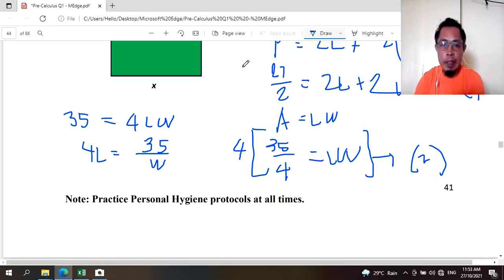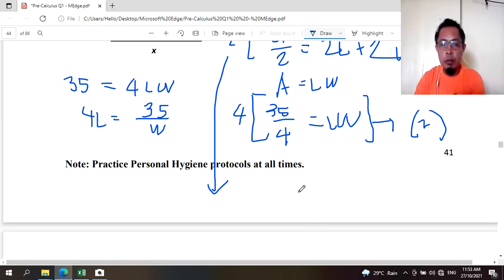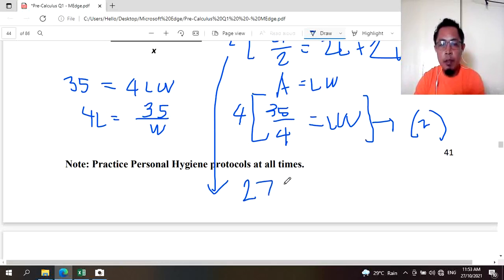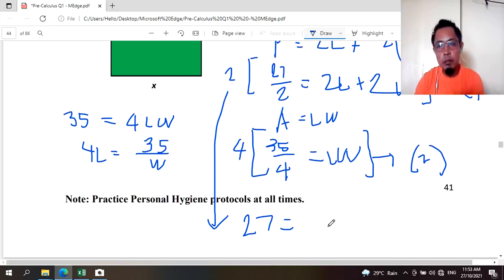Or it could be our option is we work on the first equation, so that we can compare which is better to use. If we multiply by 2 here, this one is simplified to 27 is equal to 4W plus 4L.